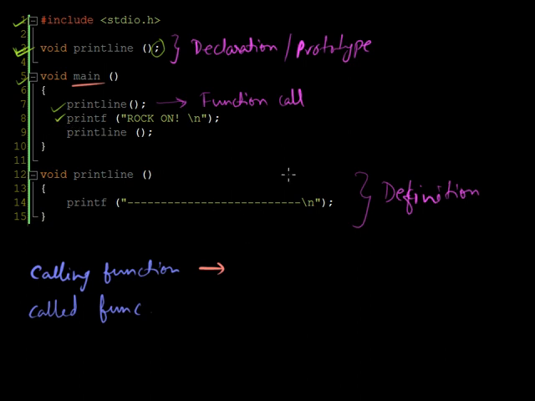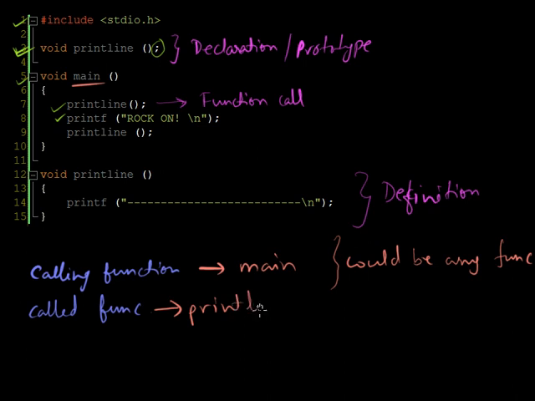So the calling function is the main function. You can call any function from any function. In this case the calling function is main and the called function is println. You see, printf is also a called function here. So calling function and called function you need to remember.